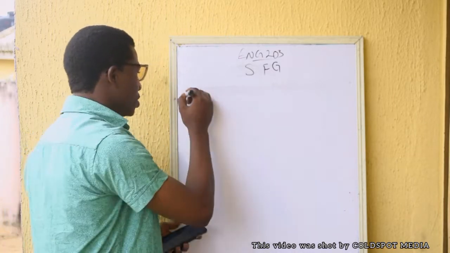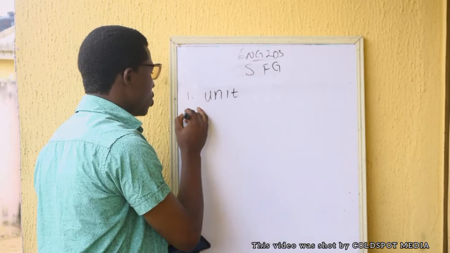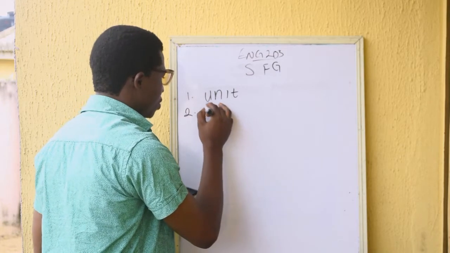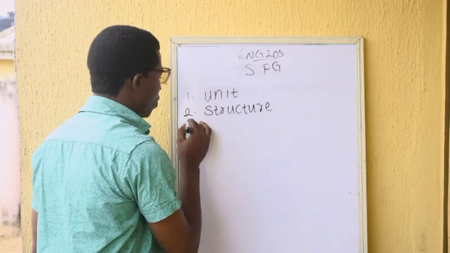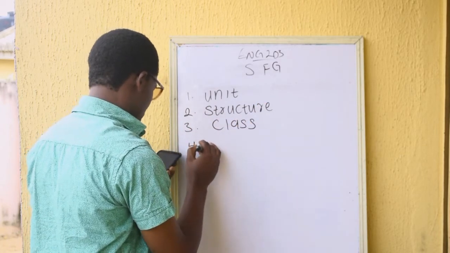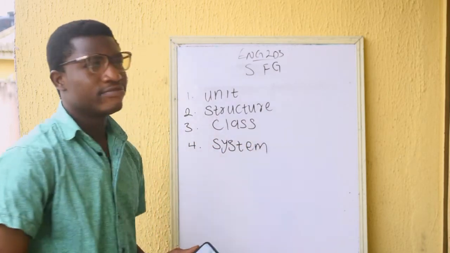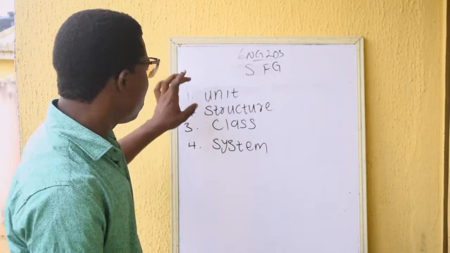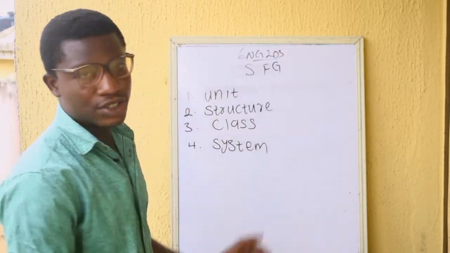The first one is the unit. The second one is the structure. The third one, class. Then the fourth one, system. For this course, we will only be using majorly just units and structure.